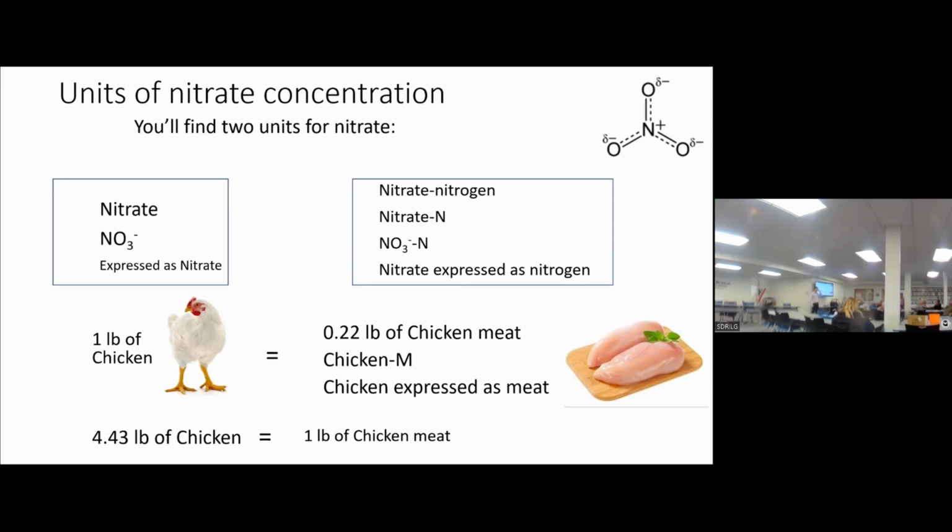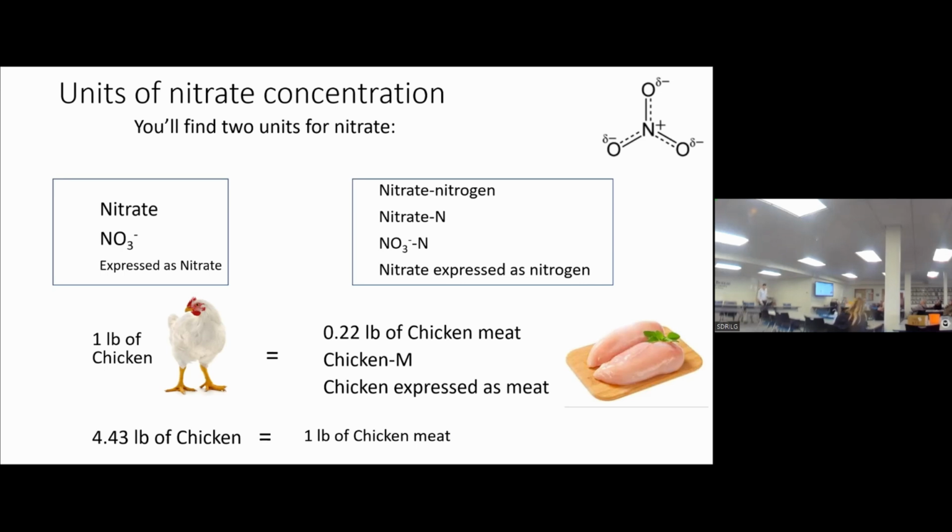But you will find yourself saying, okay, 45 milligrams, do I have to divide by 4 or multiply by 4? Which one should be larger? So the nitrate should be larger, and the nitrate N should be smaller. If you are confused, in a minute I'll have you play with those things so you will get even more confused.